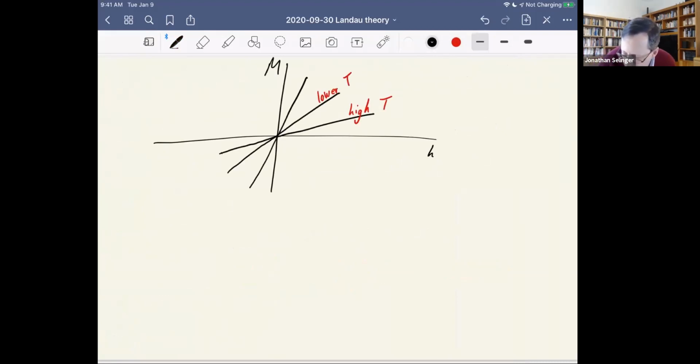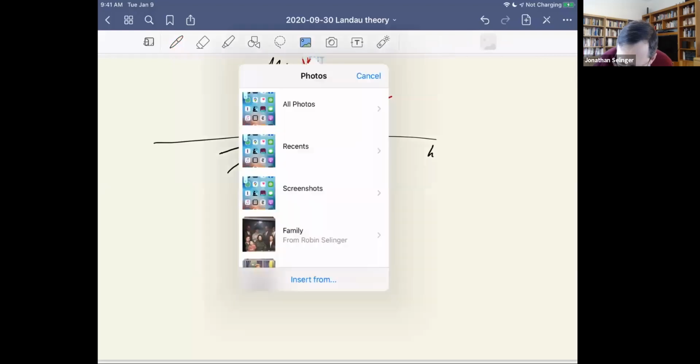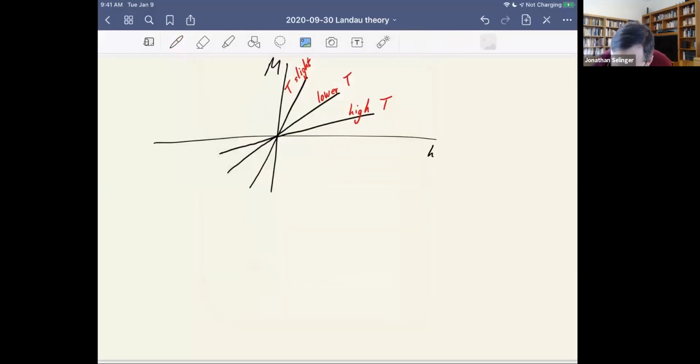Right? So this would be T, whoops, slightly above T0.